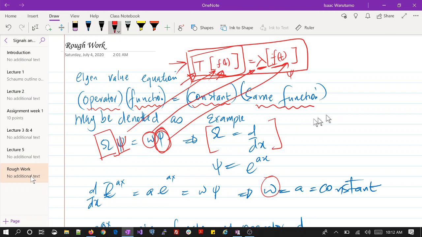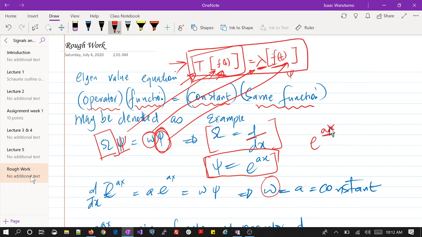So for now, we are saying that, for instance, let your function be a differentiation, or you want to find the derivative of your function f(t) for a function which we have defined to be psi equals e^(ax), the natural number raised to ax.